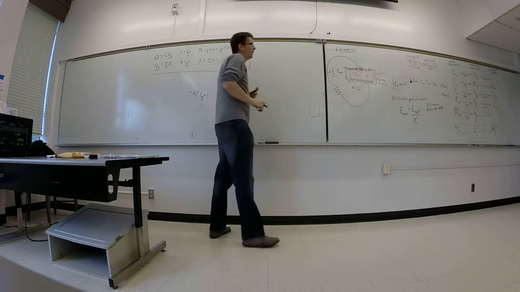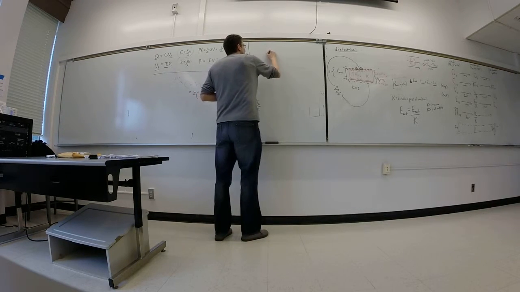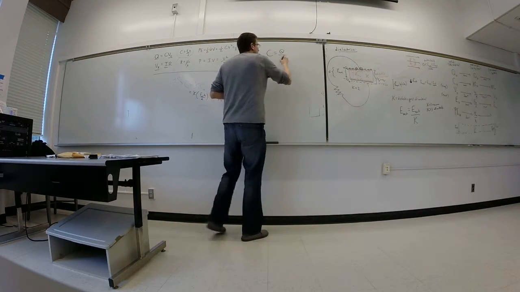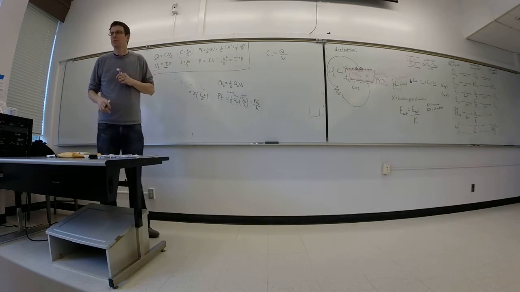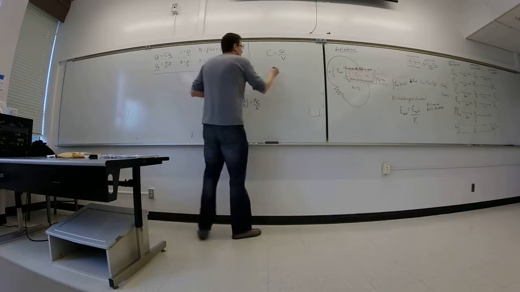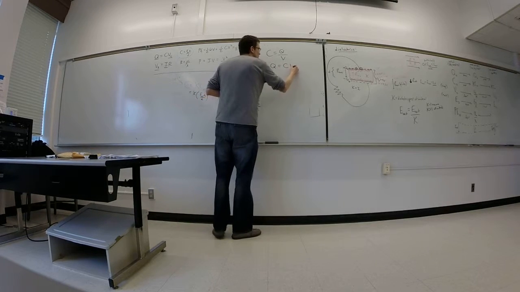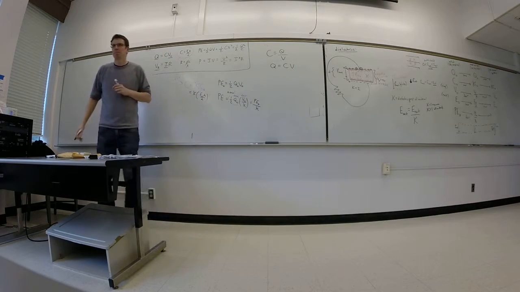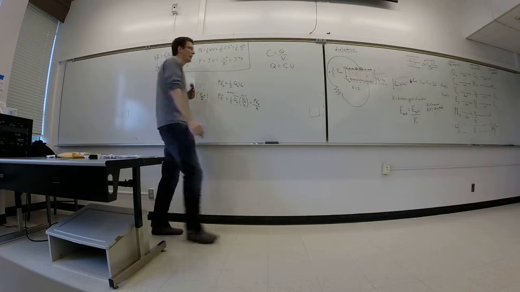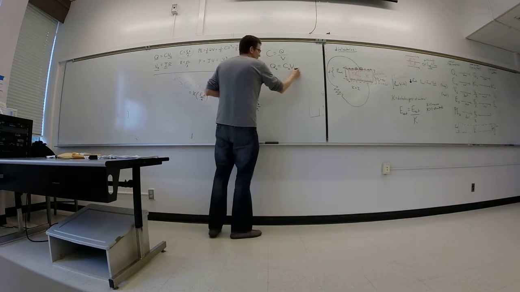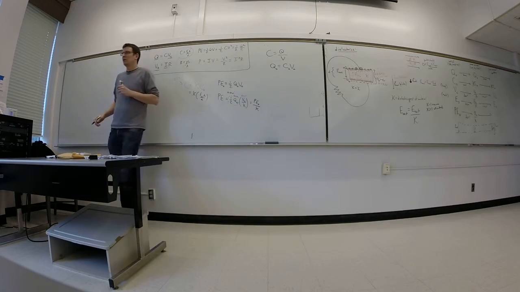So we go ahead and we use C equals QV. And let me invert it. So it looks like that. If we go back to the very beginning and index everything from the very beginning, we have this.